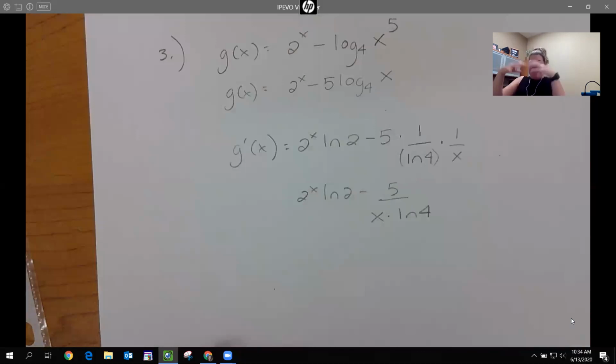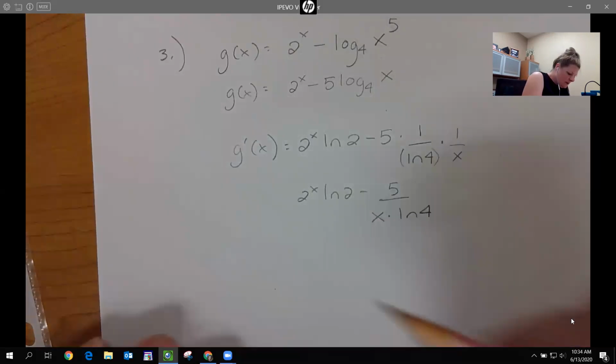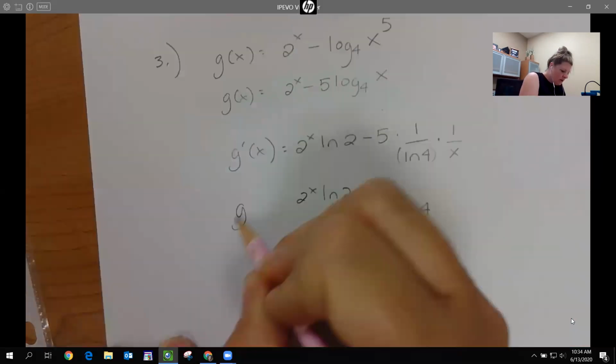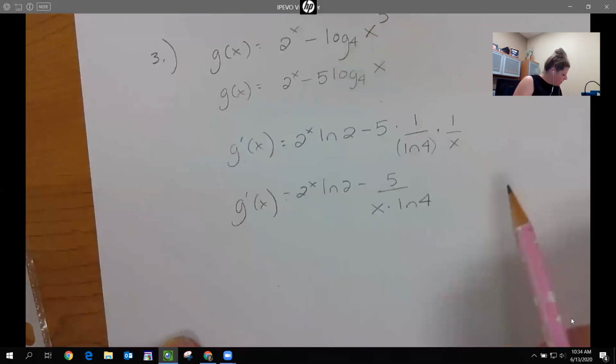If you write it natural log of 4x, then you have to use a parenthesis around the natural log of 4, or they'll count it wrong because it'll look like it's 4x. And it's not. The x is separate. Okay, done. Getting a little harder. Okay, that's our derivative there.